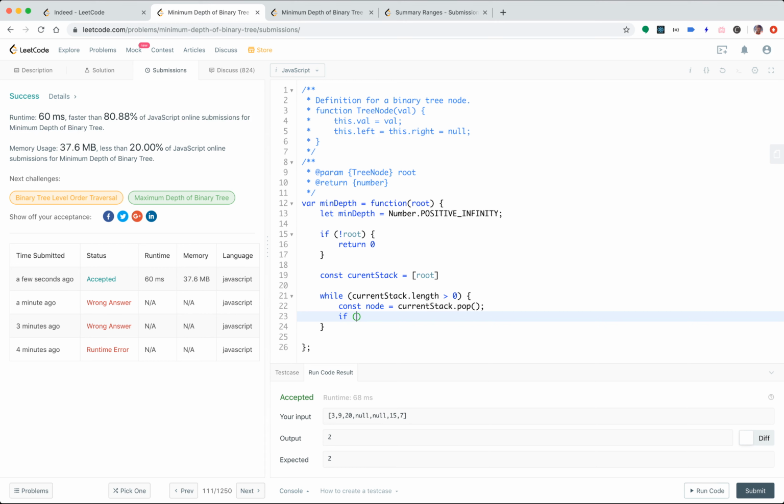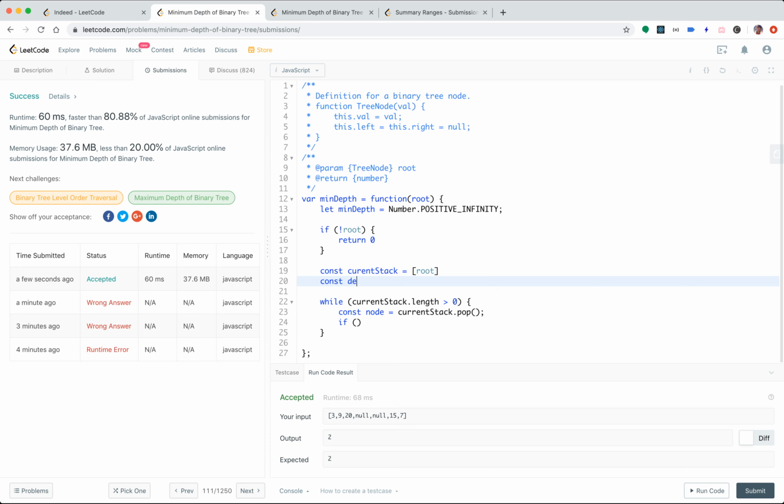We can use a depth stack. You can also use a depth stack equals 0, 1. So, the pop: const depth equals depth stack pop.